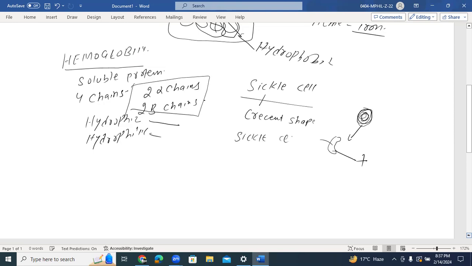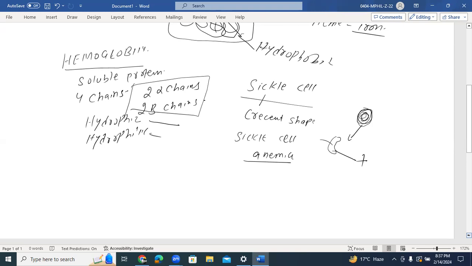What is anemia? Anemia is a deficiency of RBCs, deficiency of red blood cells, right? Most of the time this sort of disease is genetic, because there is a change in the genes, or a change at the level of protein amino acids. Once the amino acids change, they cause a disease called sickle cell anemia.